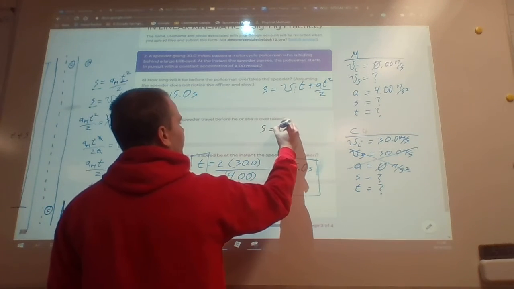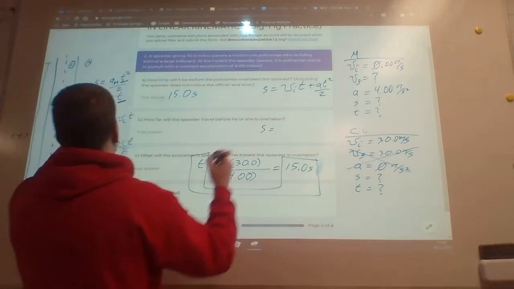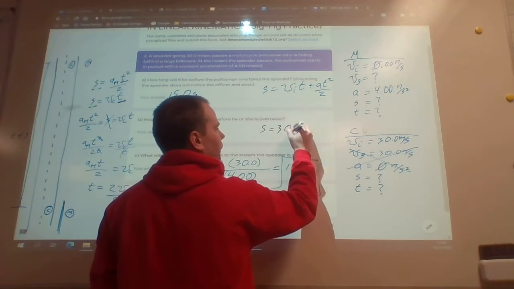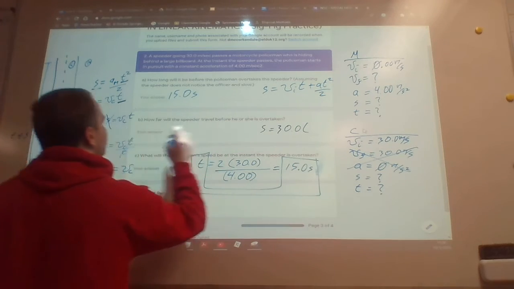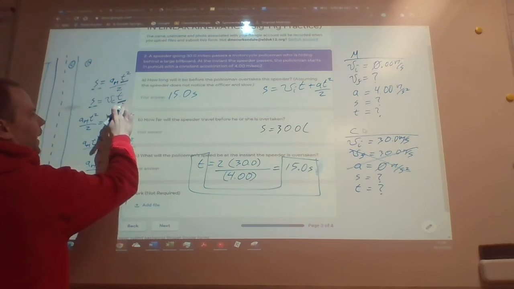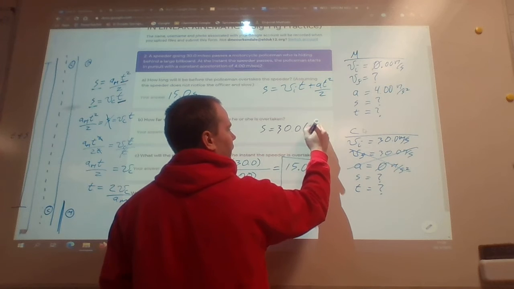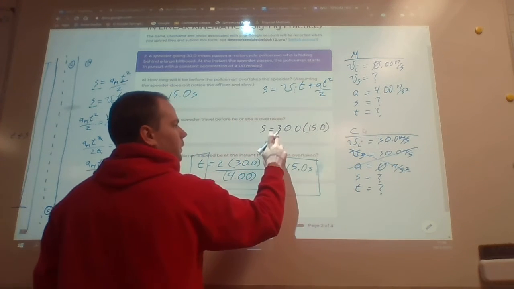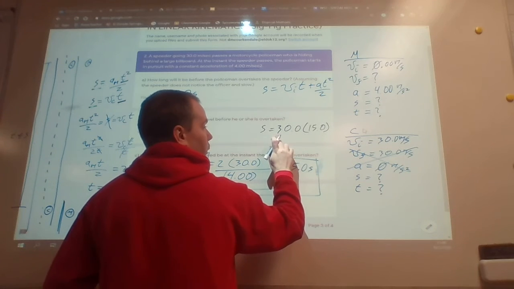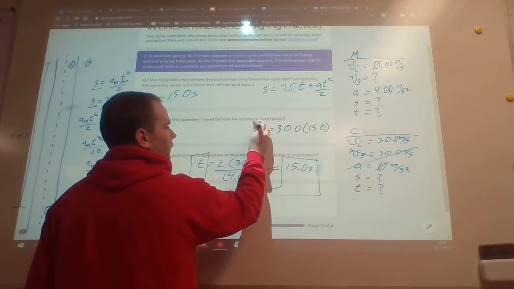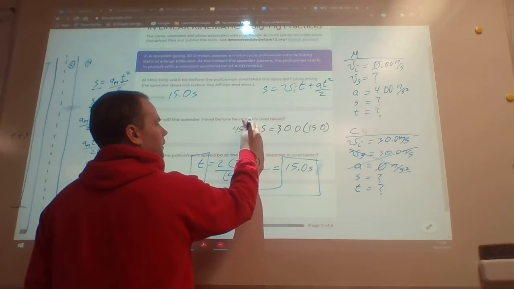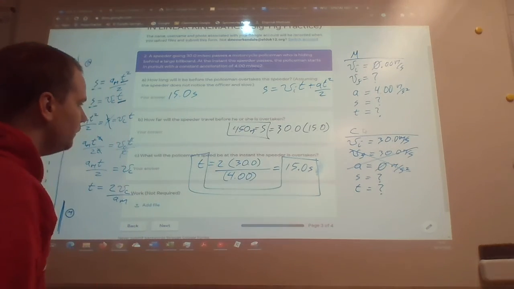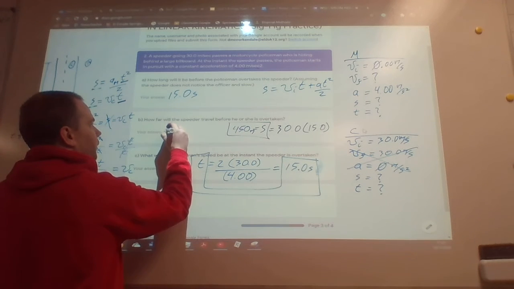S is equal to VC, which is 30, times the time that has passed, which we determined to be 15 seconds. 15 times 3 is 45, so 450 meters. So this would be the answer here.